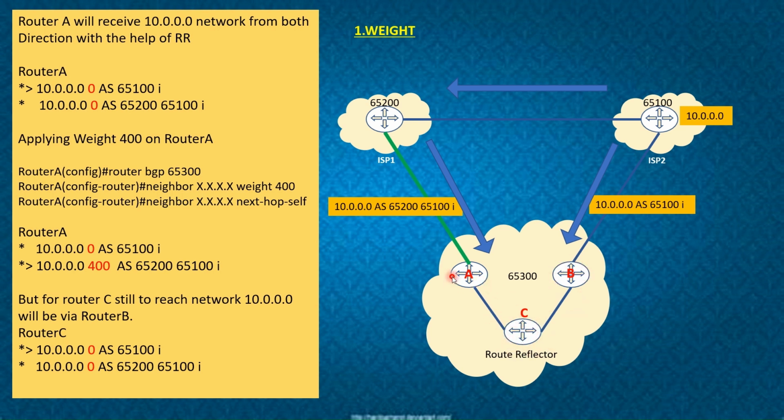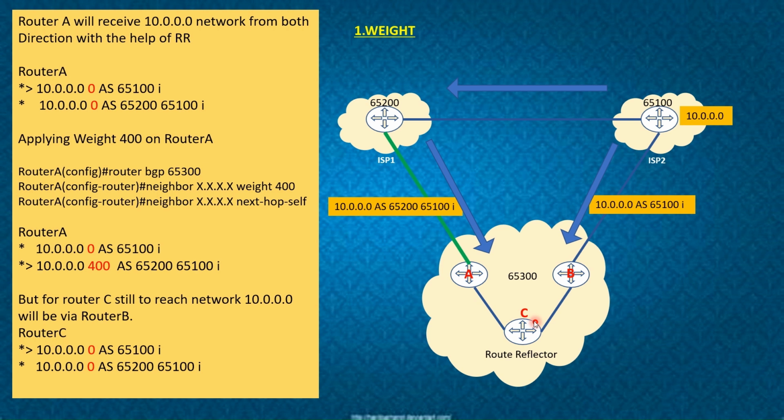Because this is a non-advertised attribute, when router A advertises network 10 to the route reflector, it will not add that weight value to the route. So when router C receives updates about network 10, it will receive them from ISP2 and from ISP1 as well.